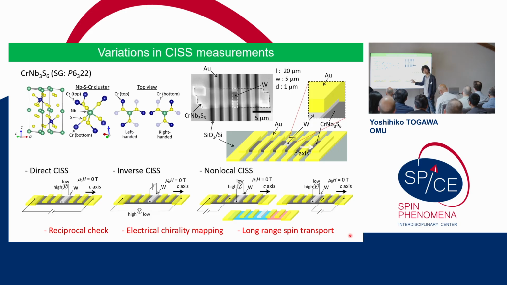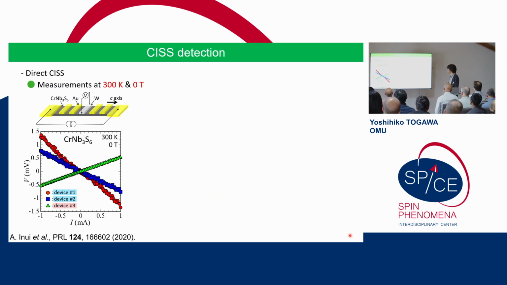If we have a signal in some kind of non-local configuration, the signal should reflect the handedness of the crystal, so we can probe the handedness of the material. We can do location-dependent handedness detection. Okay, so let me show the data.